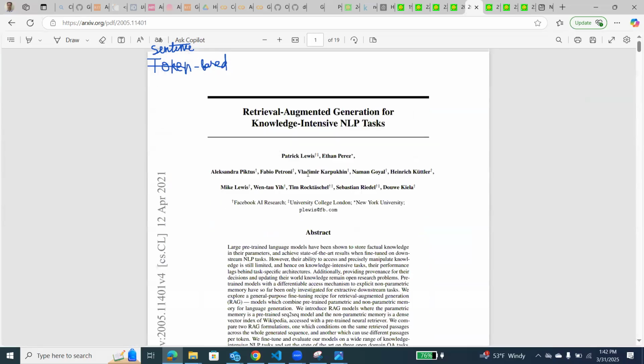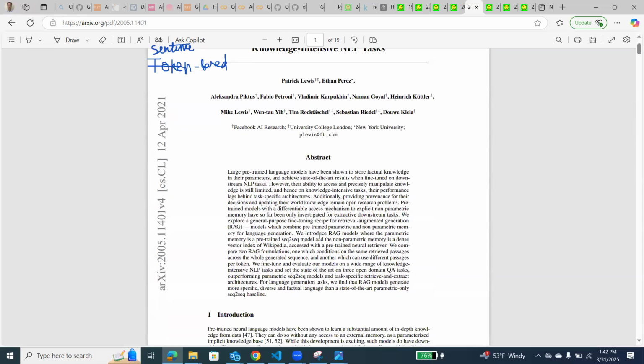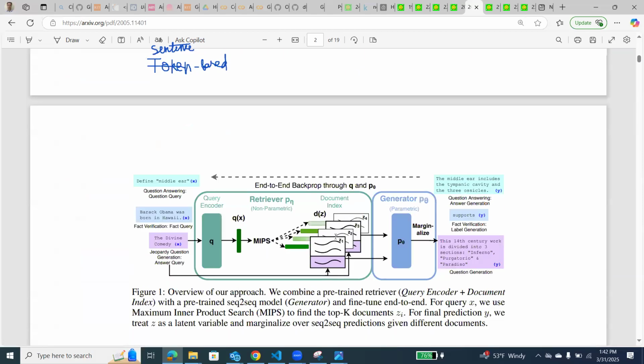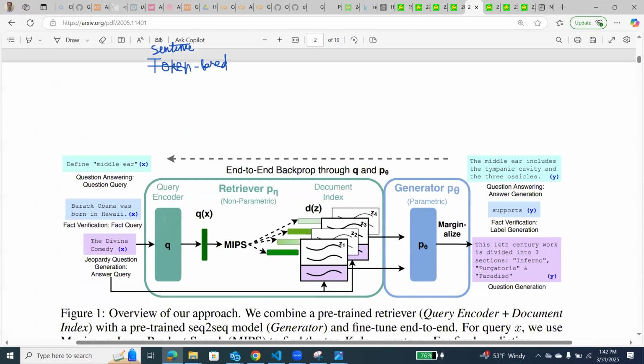Then the sequel of this paper is RAG, actually, the retrieval augmented generation. So this is an abbreviation, they used RAG here. The idea of this paper was pretty similar. Again, we have multiple documents in our data set. What was the difference?